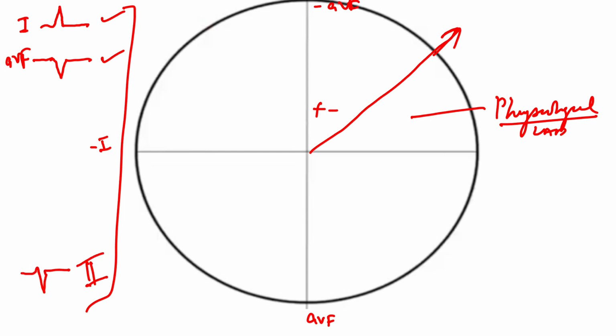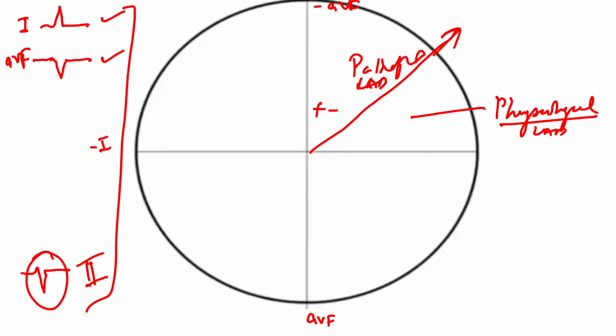If the net direction of the QRS complex in lead 2 is negative, then we call it a pathological left axis deviation. We have to see lead 1 and AVF. If lead 1 is positive and AVF is negative, we call it a left axis deviation.